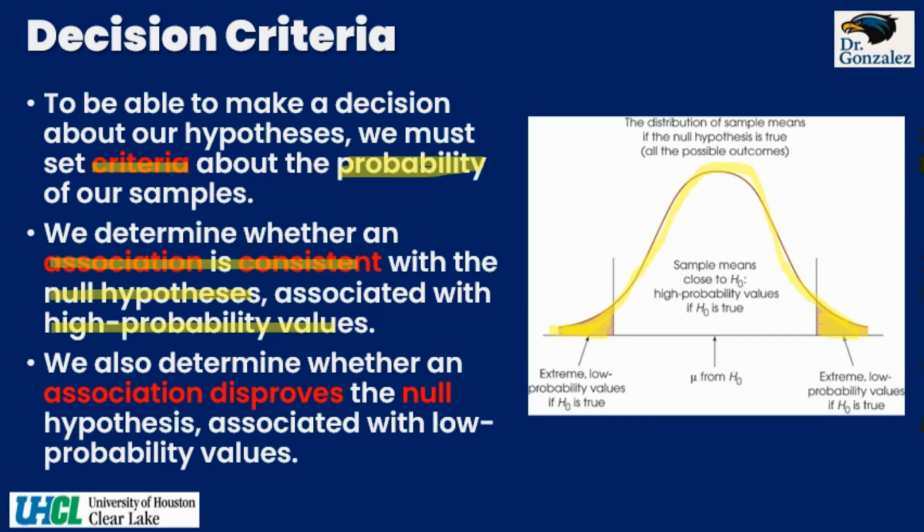So if our association disproves the null, in other words, if our alternative hypothesis is true, that means the statistic that you're calculating is somewhere out here in these critical regions that are much smaller. So the probability of finding the statistic hanging out there in the tails is much smaller.